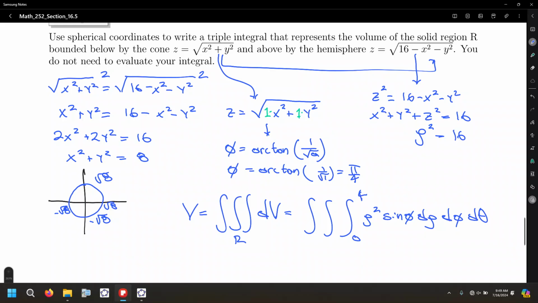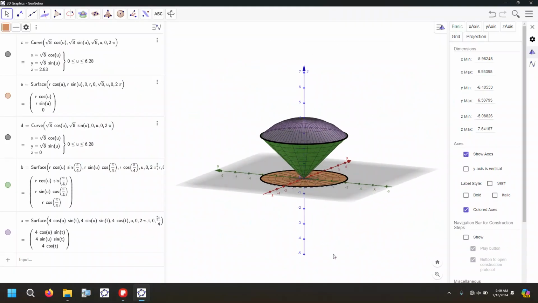What about the phi angle? That is the azimuthal angle, or the drop down angle. We always start at the North Pole, and we walk down toward 180 degrees, which is the South Pole.